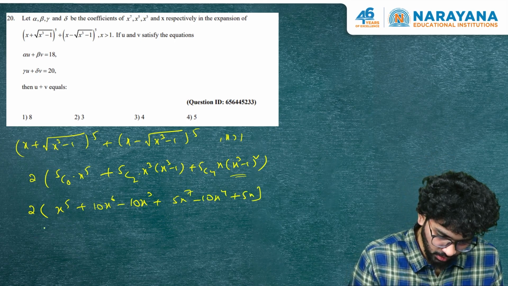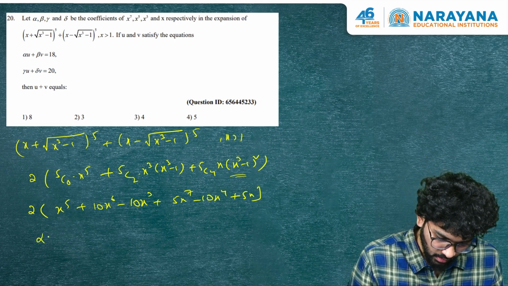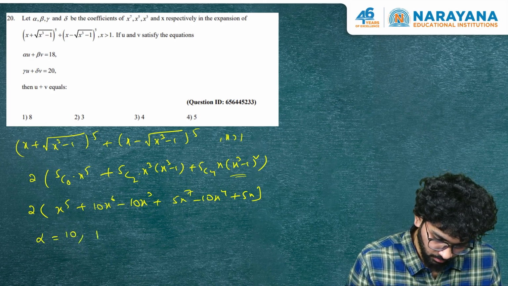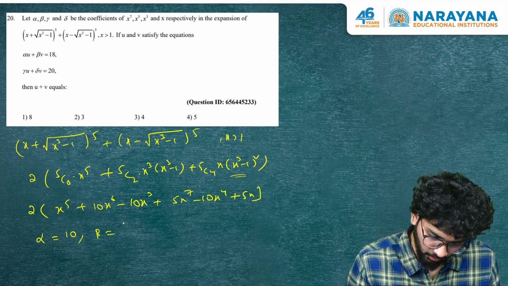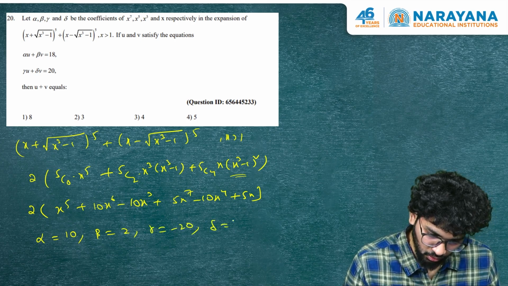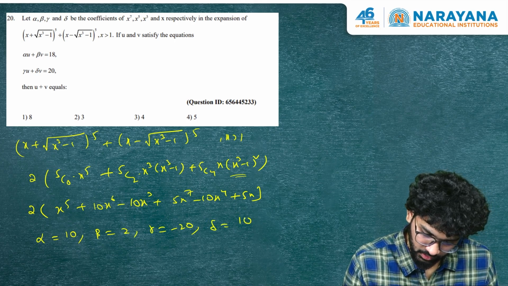So if I just concentrate on the coefficient of x power 7, that is alpha, that is 10, beta, coefficient of x power 5, is 2, gamma, coefficient of x cube, is minus 20, and delta, coefficient of x, is 10.